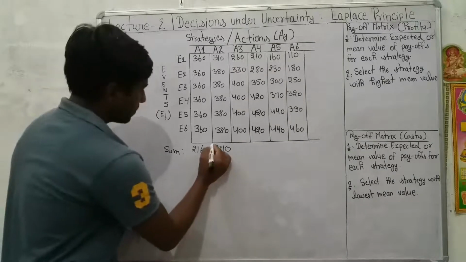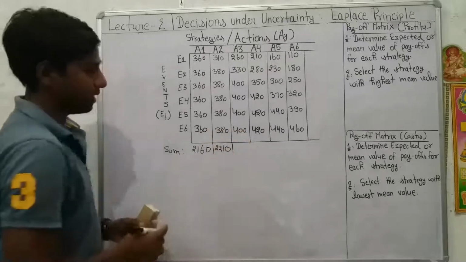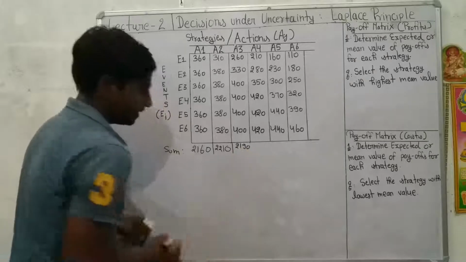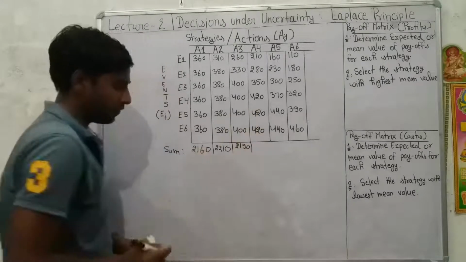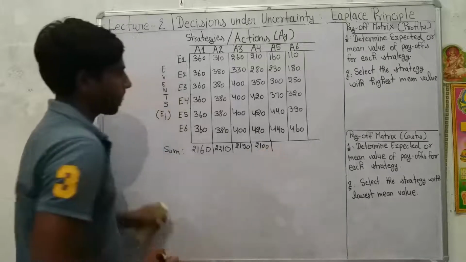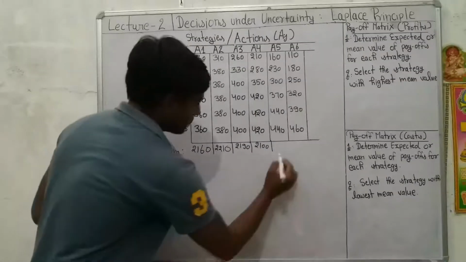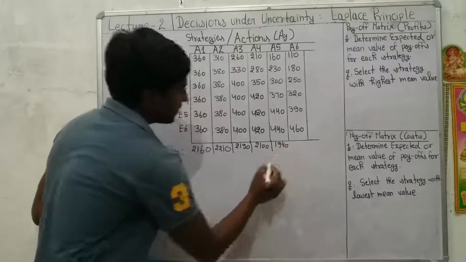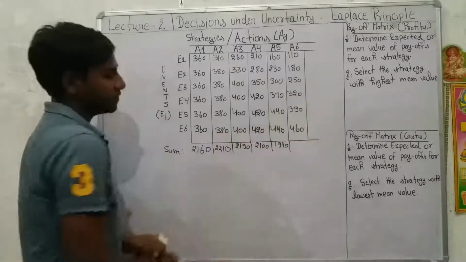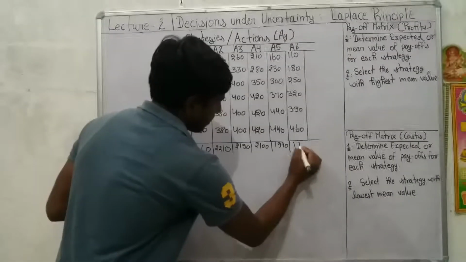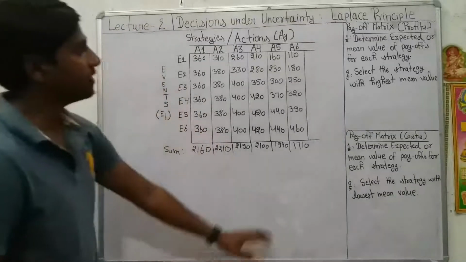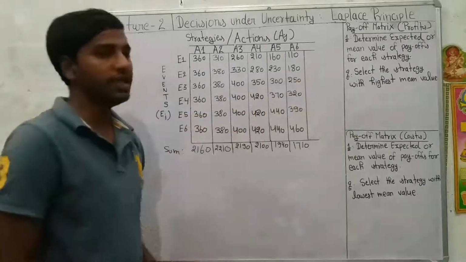And for action A3, the sum would be equal to 2190. For action A4, the sum would be equal to 2100. For action A5, the sum would be equal to 1940. And for action A6 or strategy 6, the sum of the payoffs would be equal to 1710. So in step 1, what we need to do is calculate the mean value.